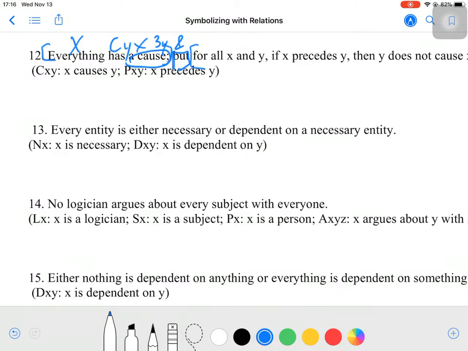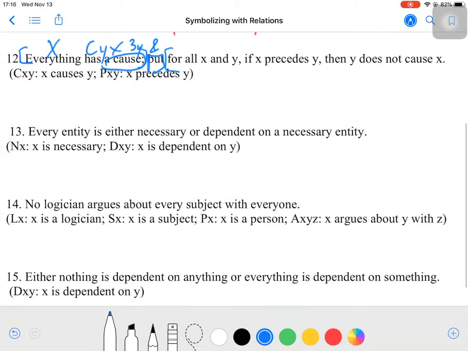For all x and y, if x precedes y, then y does not cause x. So for all x and all y, if x precedes y, then it's not the case that y causes x. So we have all the pieces here.